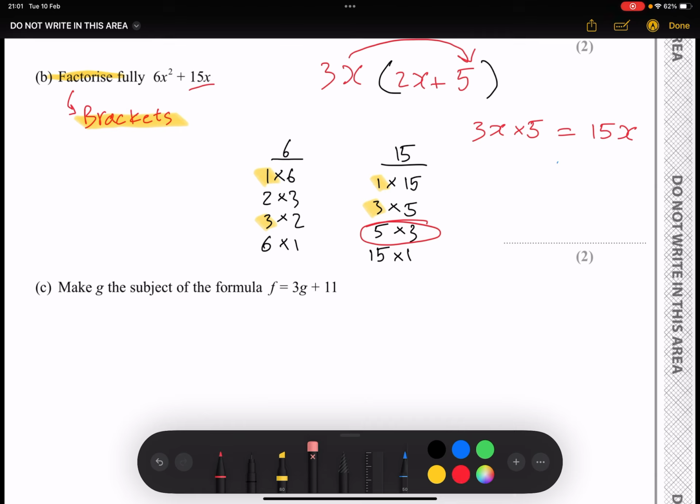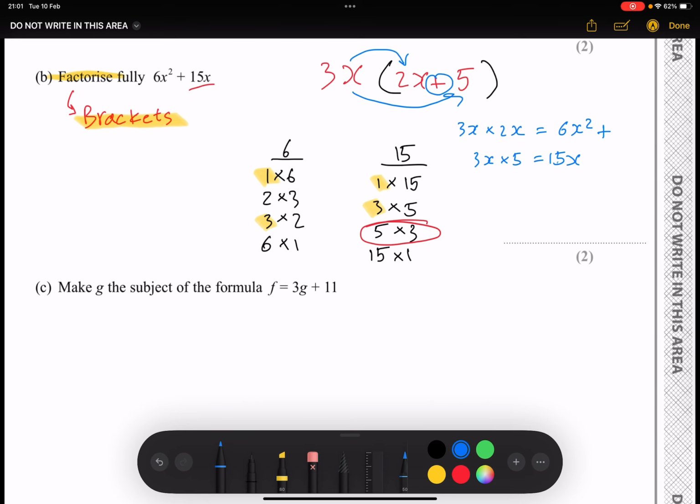So now that we have our full equation, which is the answer, you can test it to see if it's actually right. So if I do 3x times 2x, I get 6x squared, and then you have the plus 3x times 5, you get 15x.